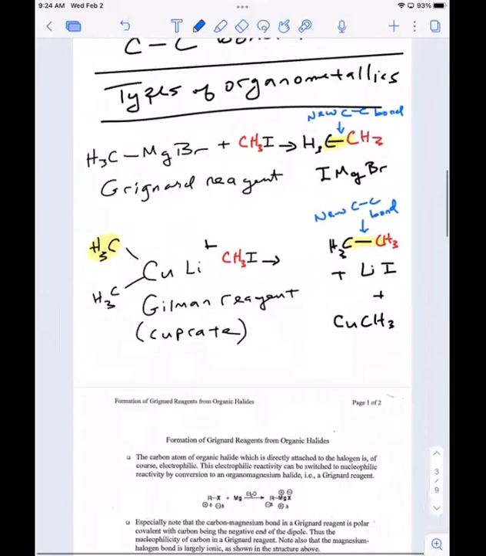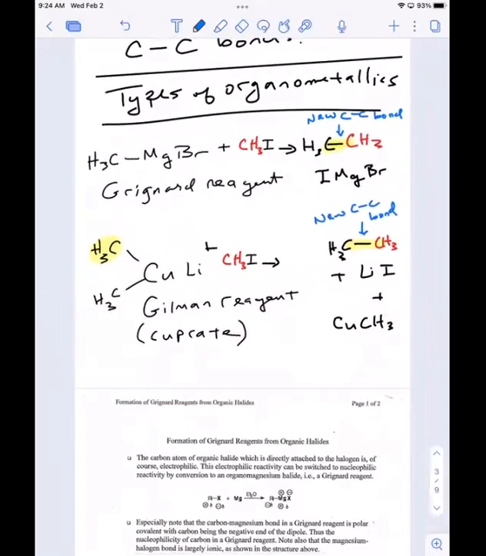So when you're talking about organometallics, their main use is to make carbon-carbon bonds. You use them in different synthesis reactions. You might use it in a total synthesis to make a larger molecule, or you might make a fragment of a larger molecule.